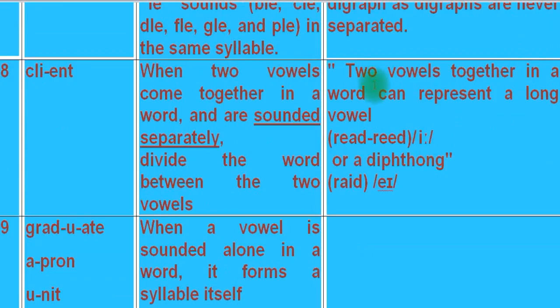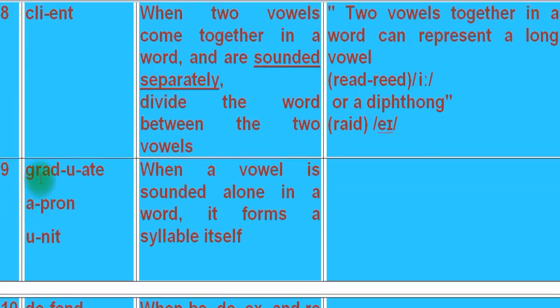Definitely, two vowels together can also give a short vowel, like read, the past form of read. My, graduate, open, unit. When a vowel is sounded alone in a word, it forms a syllable itself.